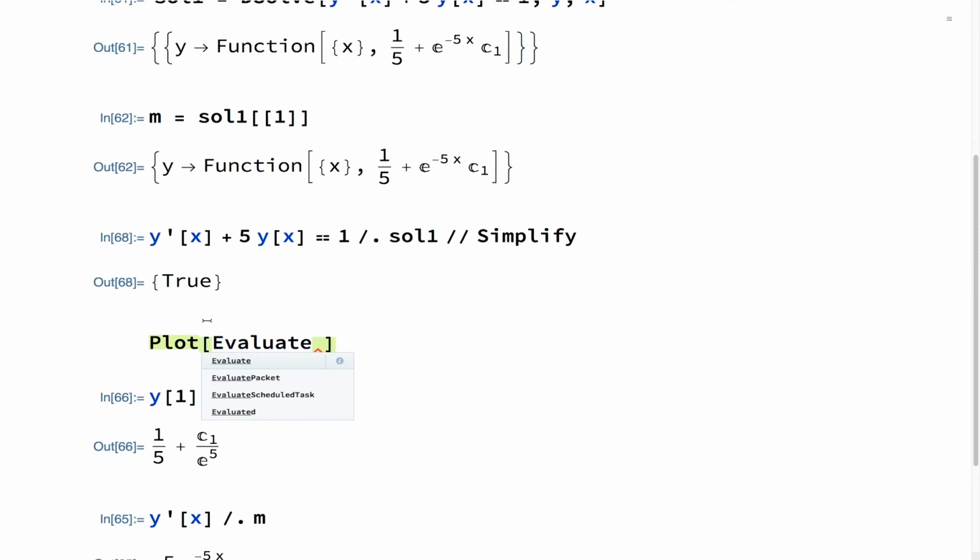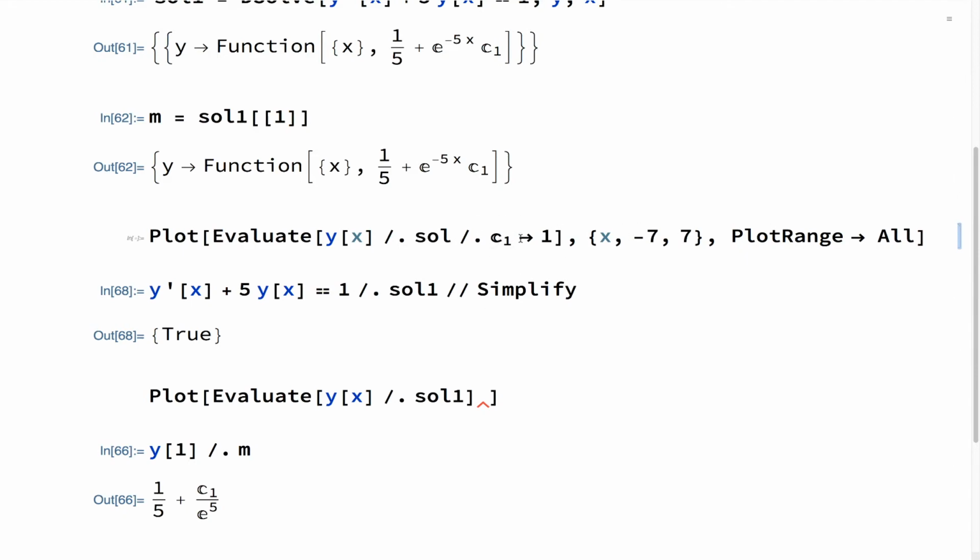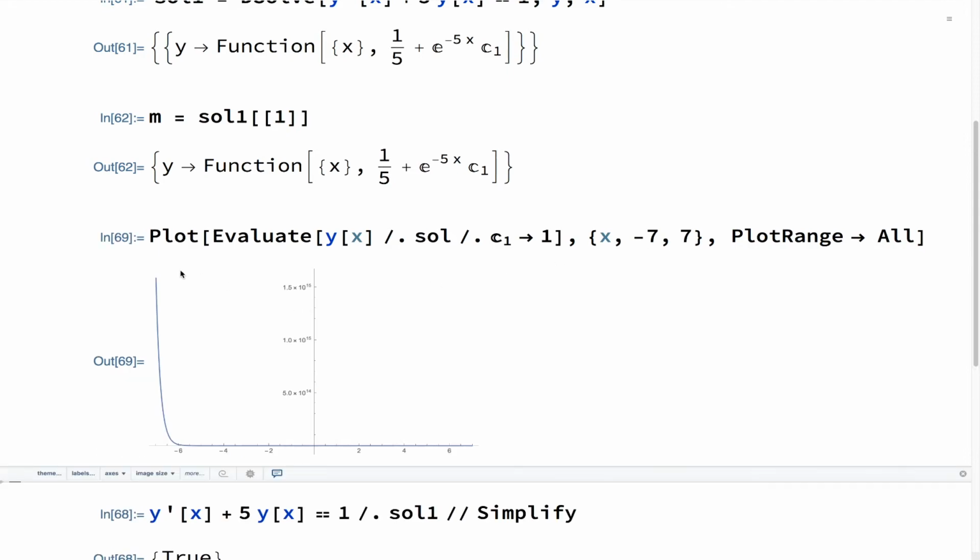Because we have to solve, we will also need to use the Evaluate function over here, so that it will evaluate this first, and then we'll use the Plot function which is nested on top of that. So now y[x], and I give this solution 1, and maybe I'll copy this, C1 raised to 1 and x from -7 to 7, and PlotRange All, and we can see the visualization for that as well.